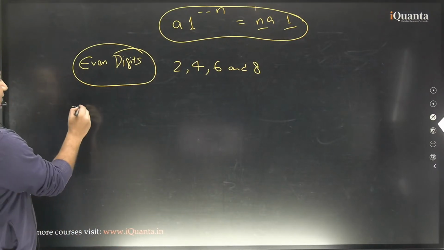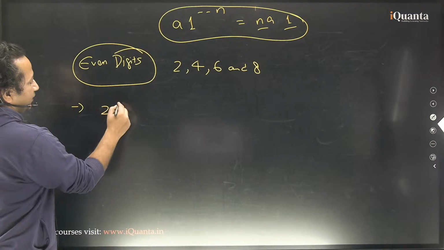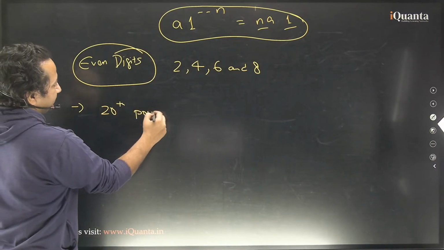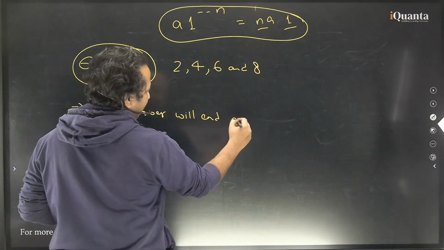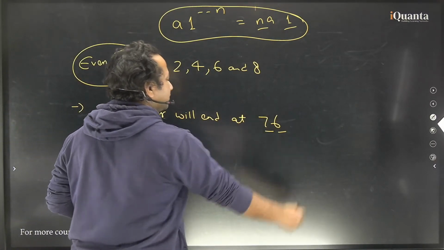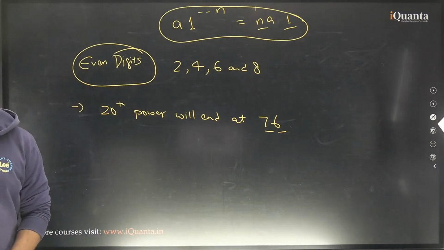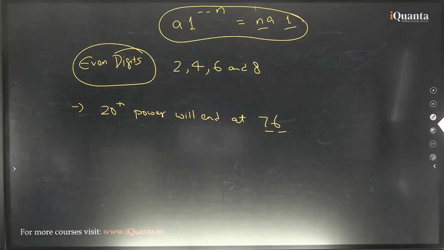So यहाँ पे the important part is 20th power will end at 76 always. Got it? In case of odd, it was ending at 01. In case of even, it will end at 76.